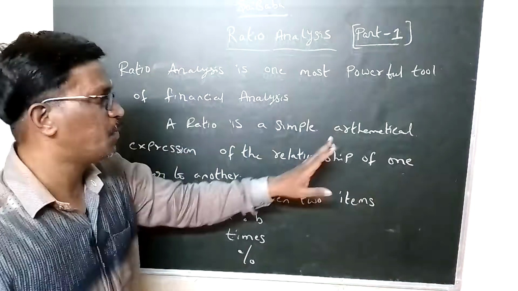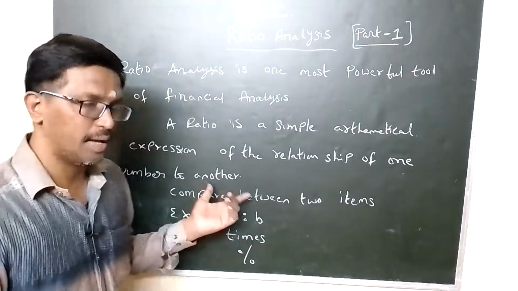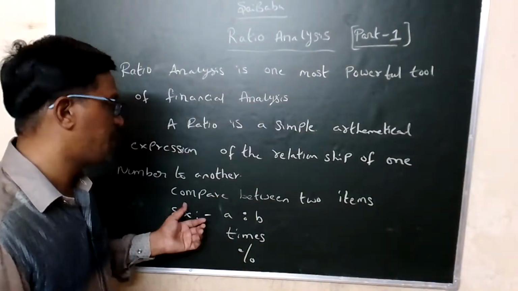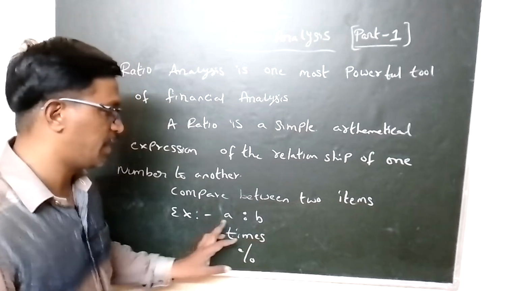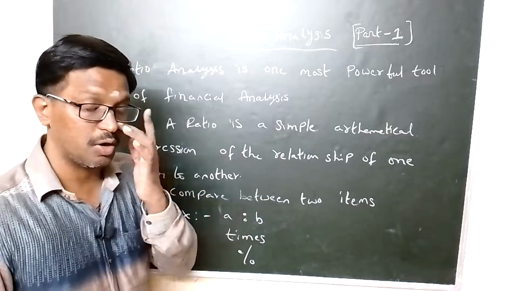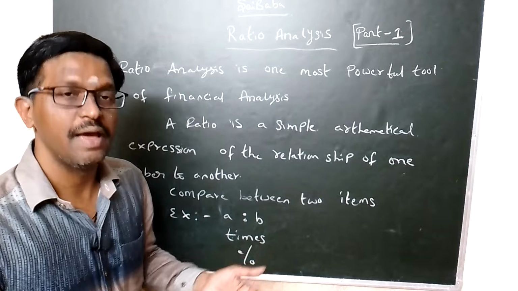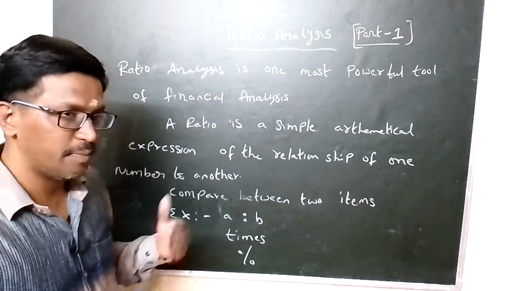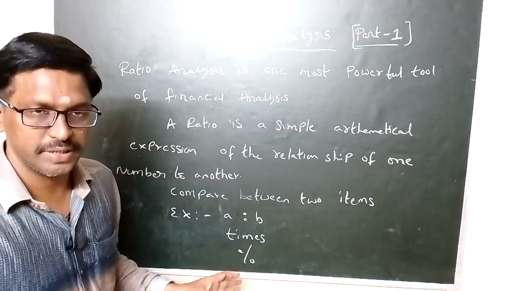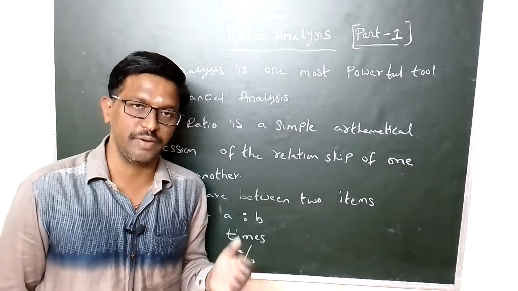Ratio is a simple arithmetical expression of the relation between one number and another number. So it is all numerical. It compares two items, for example A to B: current assets by current liabilities in times, stock turnover ratio, debtors turnover, how many times we purchase the stock, how many times credit facility is given to debtors, how many times the amount is payable to the creditors in one year. Also percentages: gross profit percentage, net profit percentage, cost of goods sold percentage, expenses percentage will be calculated.